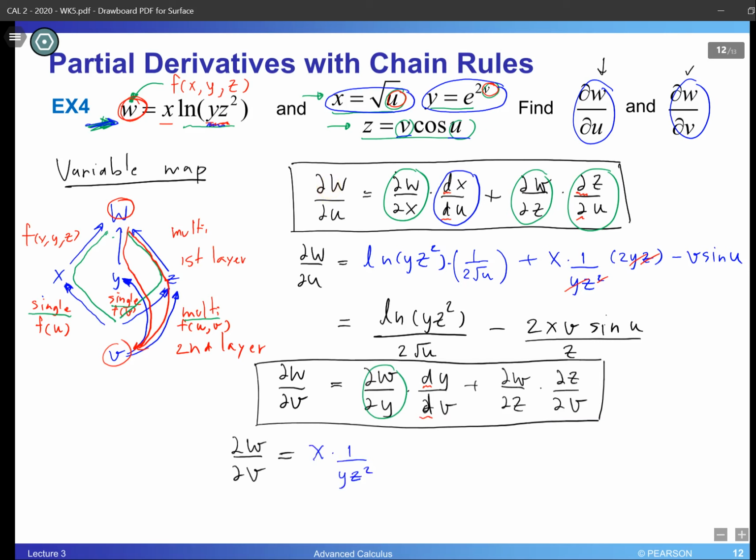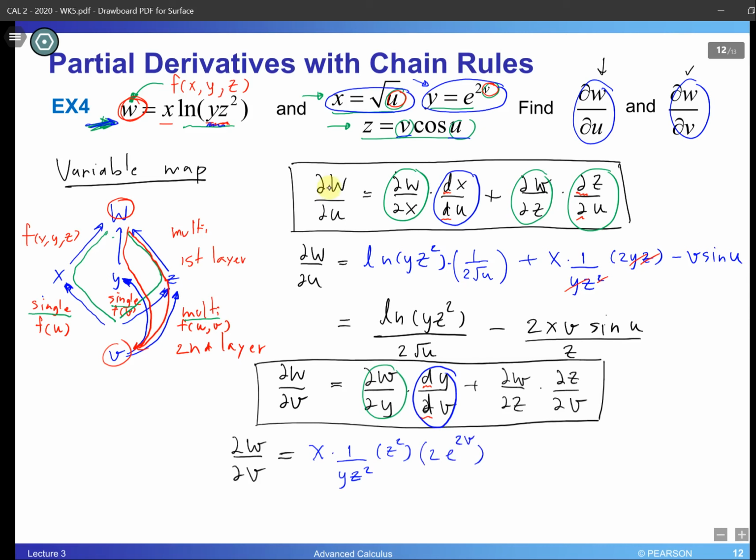To diff y inside, of course I get z squared out of that. Next term, I am looking at this dy by dv. So I am supposed to diff y with respect to v. So diff e to the power of 2v, you get 2e to the power of 2v.